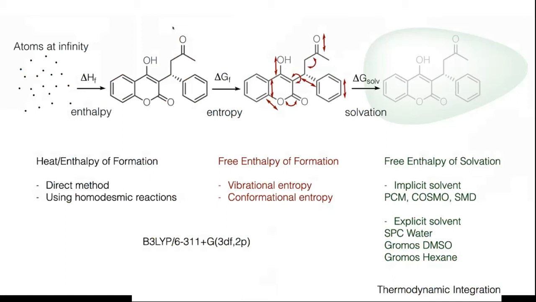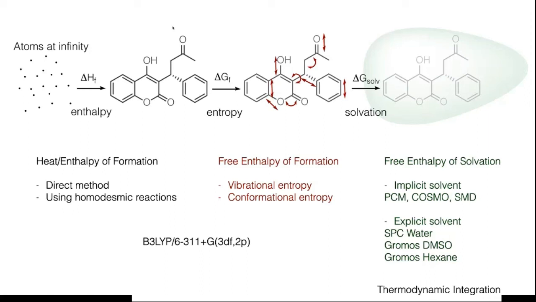And what we are trying to do here is use these 3 methods, or numbers, and see if we are able to make any distinction between the tautomers. In addition, for each step of calculation, we tried to test different methods and see which methods are able to reproduce some of the experimental data we know about warfarin tautomers. For heat of formation, we use 2 methods: the direct method and the homodesmic reaction.